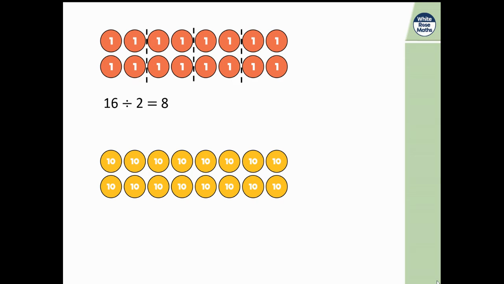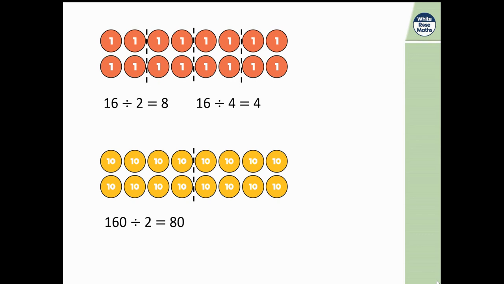If I half that again, I'm going to have 4, aren't I? So if I do 16 divided by 4, can you see the 4 groups? In each group, there are going to be 4 ones. So if I've got 160 then, how many would I have in each group?